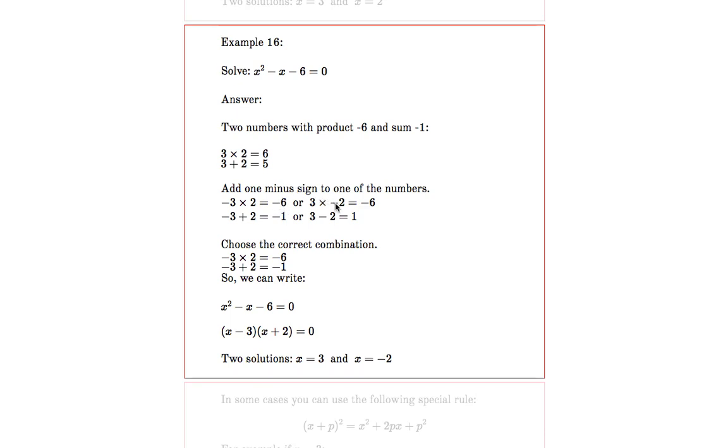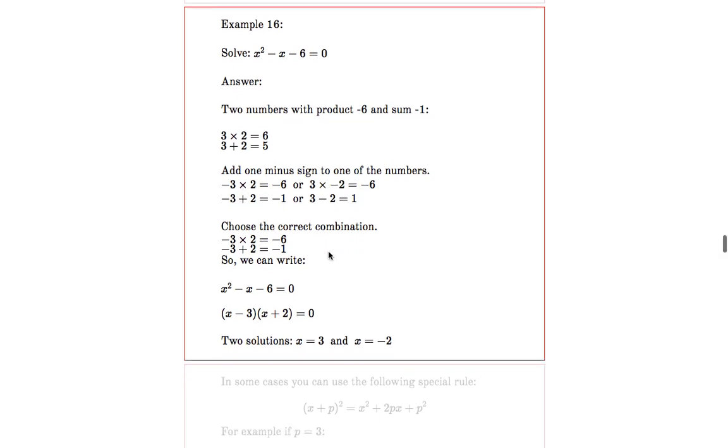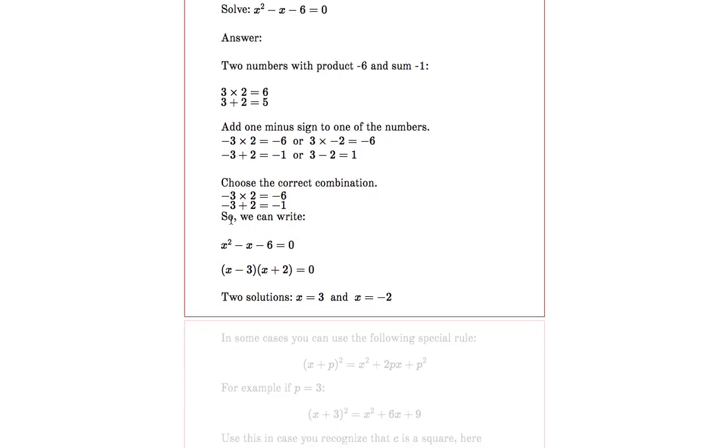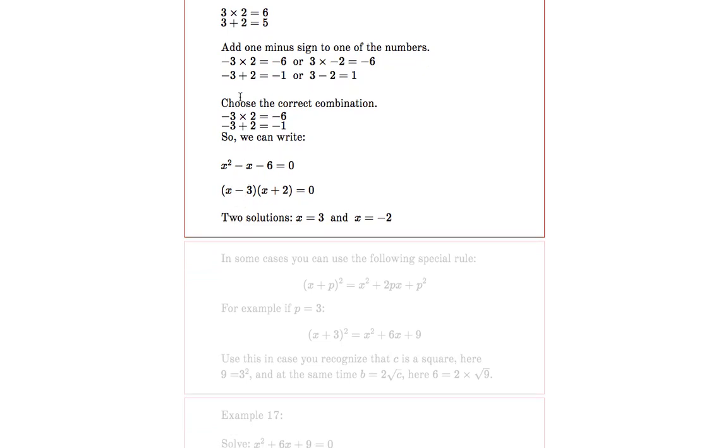If you put it in front of the 2, you could also get minus 6, you're also happy. But if you look at this sum, it is minus 1, which we want to have, and this sum is 1, which we don't want to have. So we choose this one. Choose the correct combination. So we choose the minus 3 and plus 2.